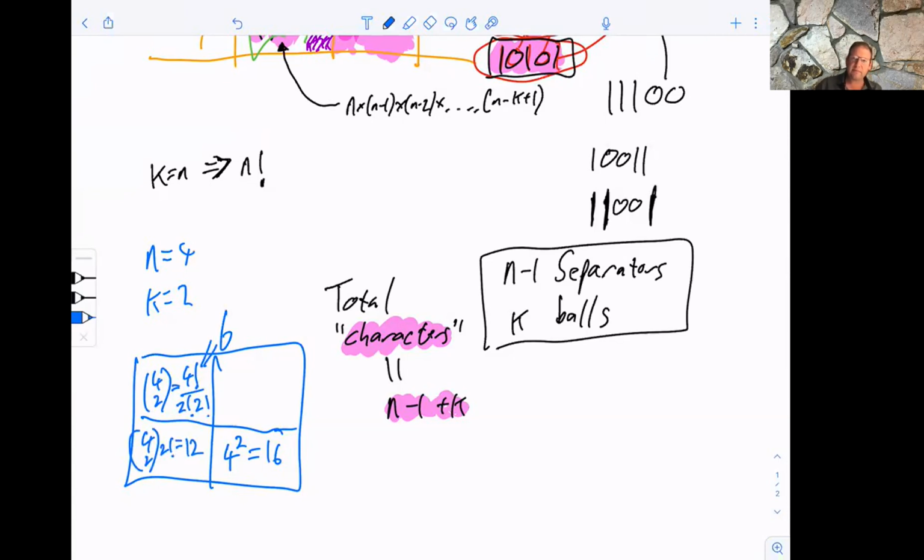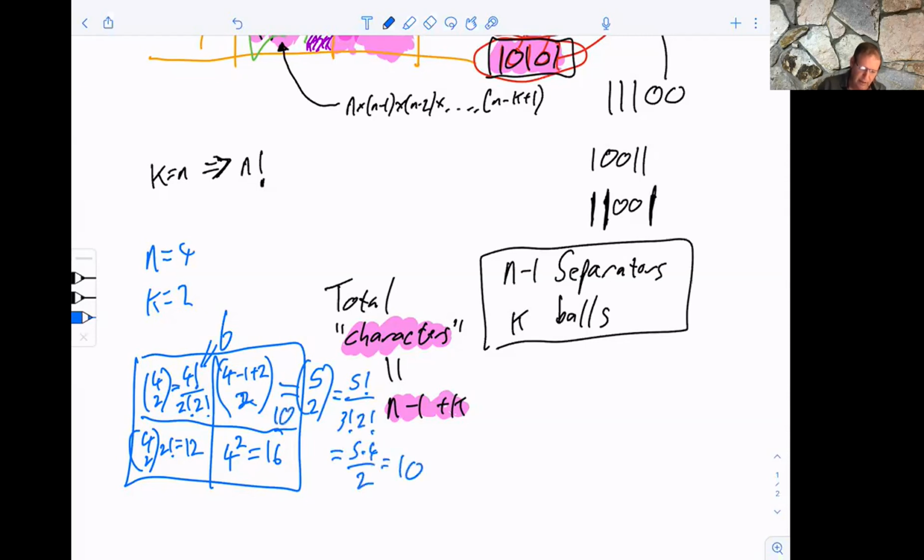And here we've got n minus 1 plus k over k: 4 minus 1 is 3, plus 2, so that's 5 choose 2. That's 5 factorial divided by 3 factorial times 2 factorial, which is 5 times 4 divided by 2, or 10.